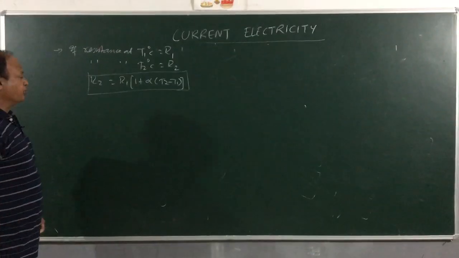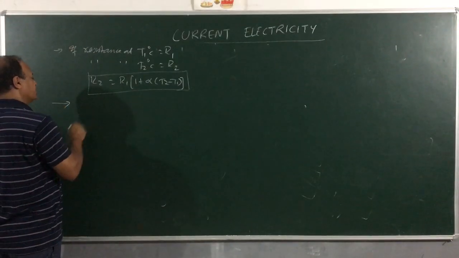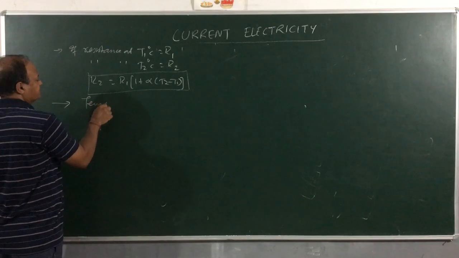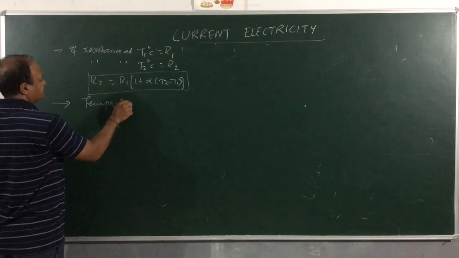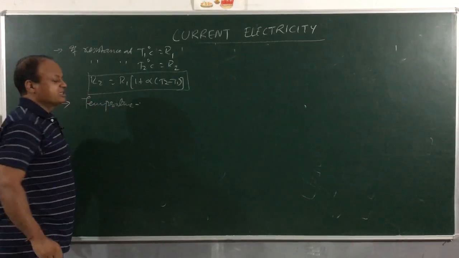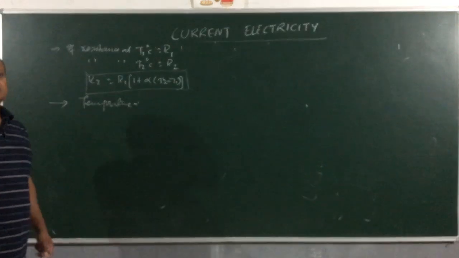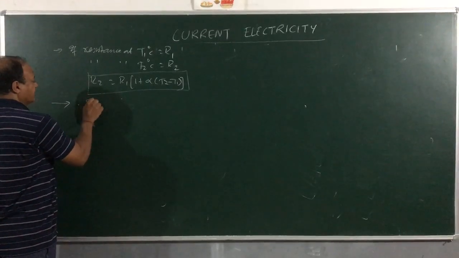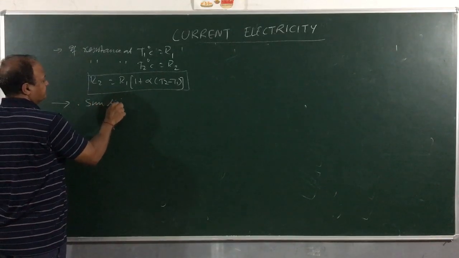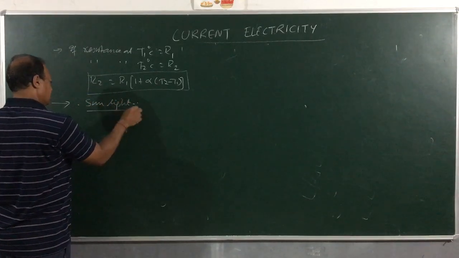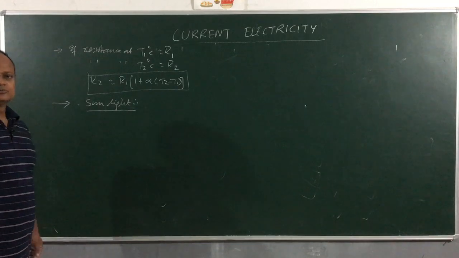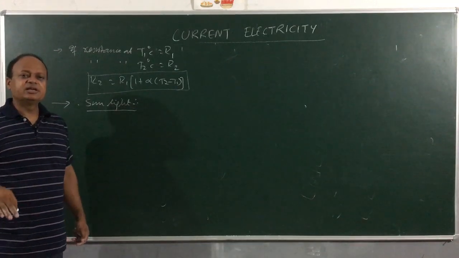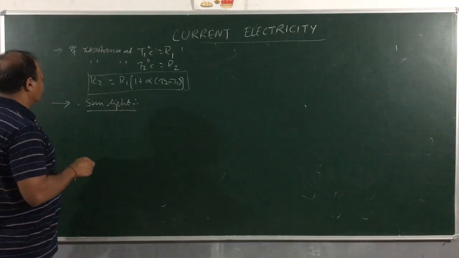There are two more factors. One is temperature. Remember, resistance of metal will increase with temperature. Temperature already did. Next one is sunlight. In presence of sunlight, resistance of a conductor will decrease. Bear this in mind.